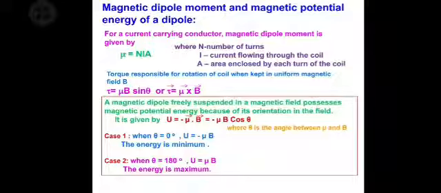So this equation of tau we have seen in the torque derivation also. So just remember tau = mu cross B.